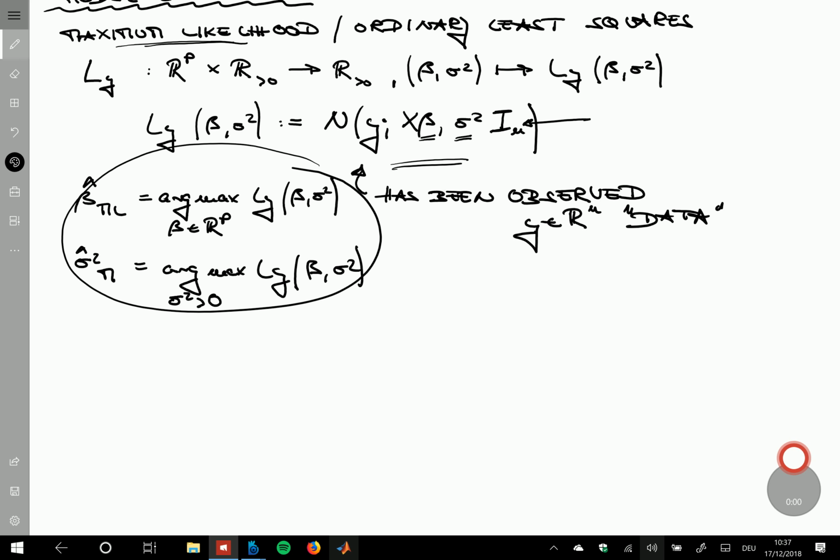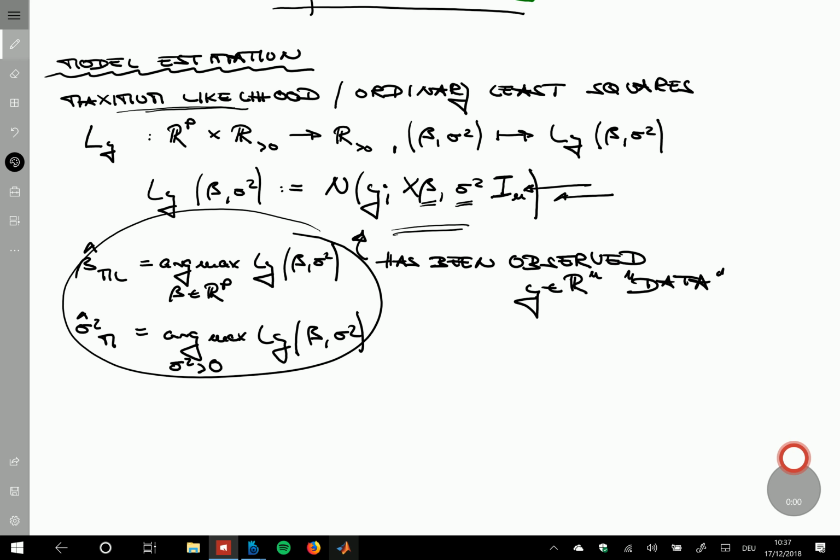And this one can do analytically for the likelihood function. So that is just this function here. And it's a little bit easier if one takes the log of this function. The log transform doesn't do anything bad to the likelihood function, so it keeps the same points for the maximum.